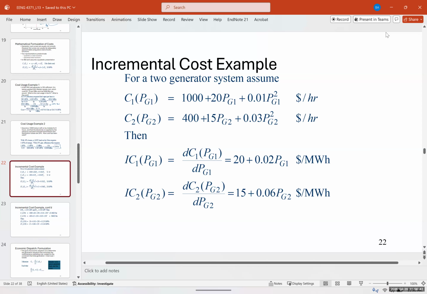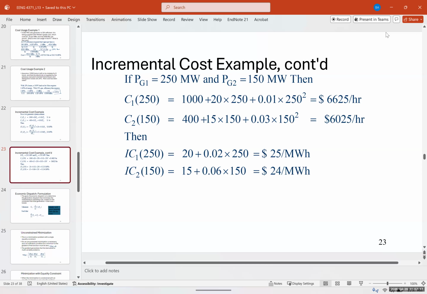And for C2, it's going to be 400 plus 15 PG2 plus 0.03 PG2 squared, both of them in dollars per hour. Then we want to find the derivative, because we want to find, if we add 1 megawatt, how much more it costs. So we have to find the slope to predict the extra power. And we get IC1 equals 20 plus 0.02 PG1. And for PG2, IC2 is going to be 15 plus 0.06 PG2. Both of them in dollars per megawatt hour.